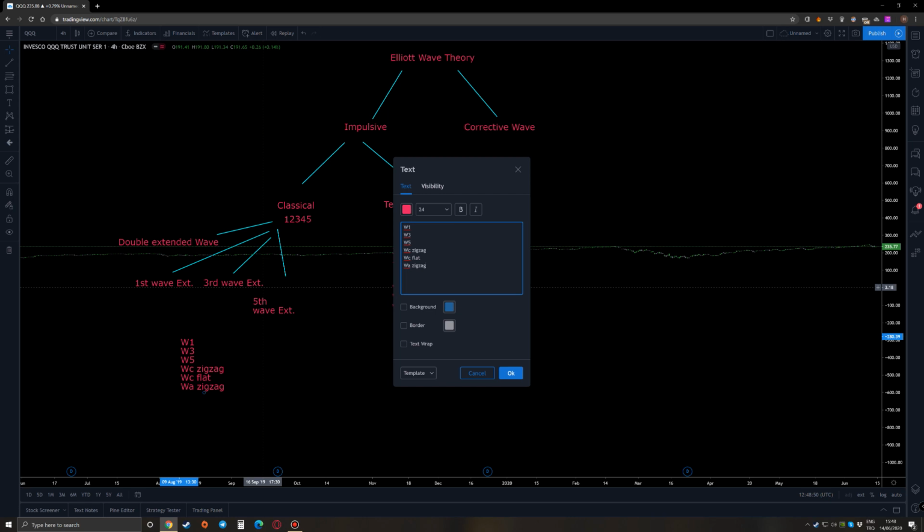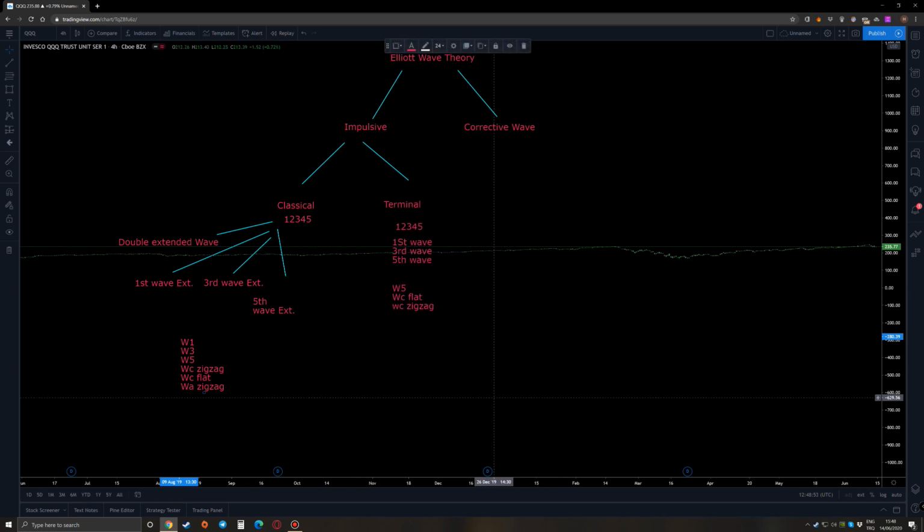Because if you remember, zigzag was an impulsive move, a corrective wave, an impulsive. Now, by answering these questions, I am trying to understand where I am on the bigger degree, which is what will make me a successful trader, if I can understand where I am in these degrees, in these cycles, so that I can know what to expect next.